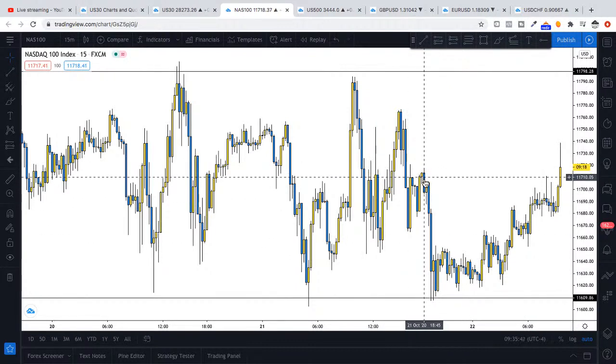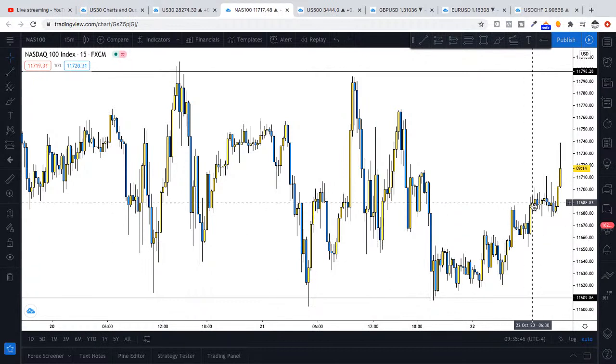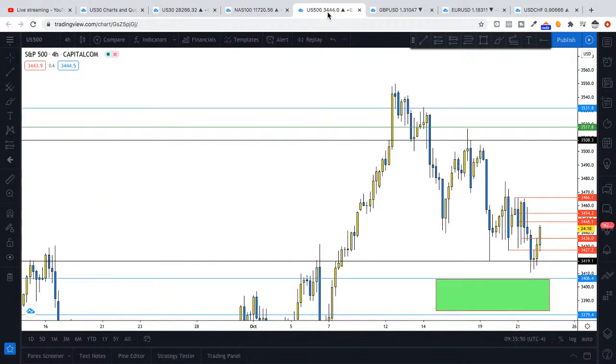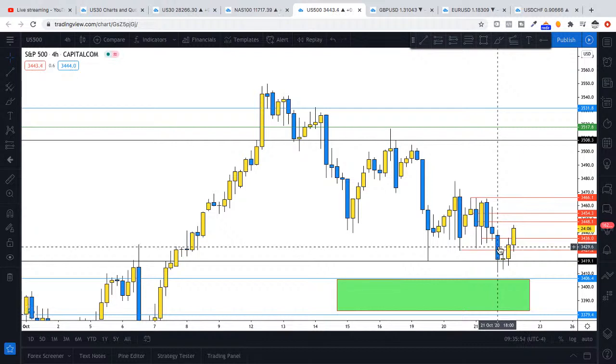I'll get in here, get out at these bottoms here. That's how I day trade with the indices. You can do long-term holds. At this moment, I'm just getting in and out of the market.